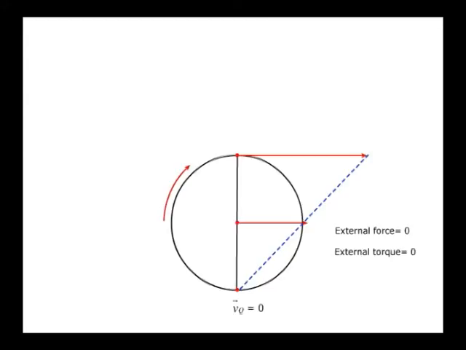This state of motion, where the magnitude of Vq, the velocity of the bottommost point Q, is equal to zero, is called pure rolling.